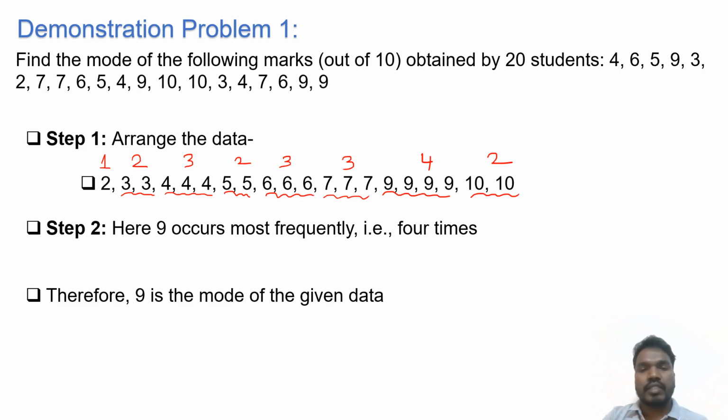If two numbers have the maximum frequency, then we can give those two data points as the mode, and such a data set is said to be bimodal. If you have more than two data points having the maximum frequency, then we can give as many points as have the maximum frequency, and such a data set is said to be multimodal.